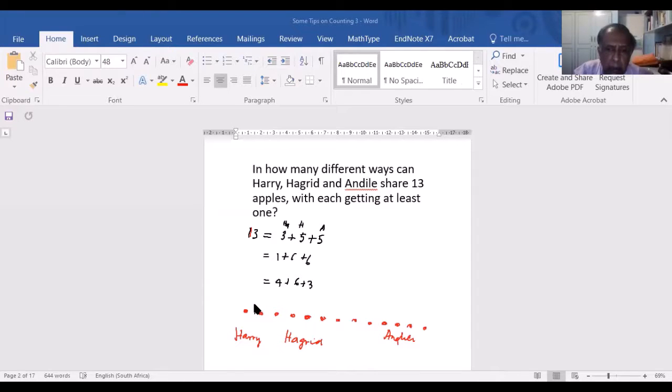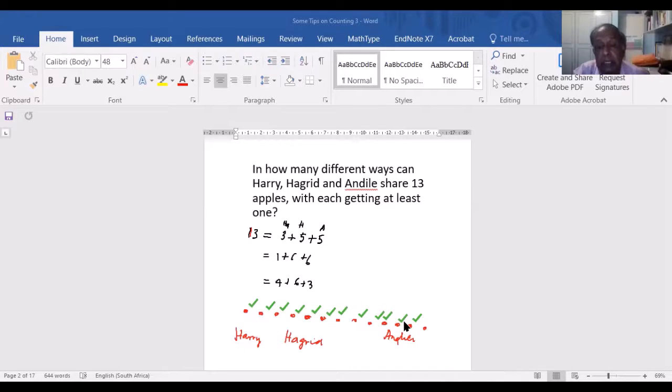Okay, so you count. There's 1 here, 2, 3, 4, 5, 6, 7, 8, 9, 10, 11, 12. So there are actually 12 spaces in which you can draw 2 vertical lines.